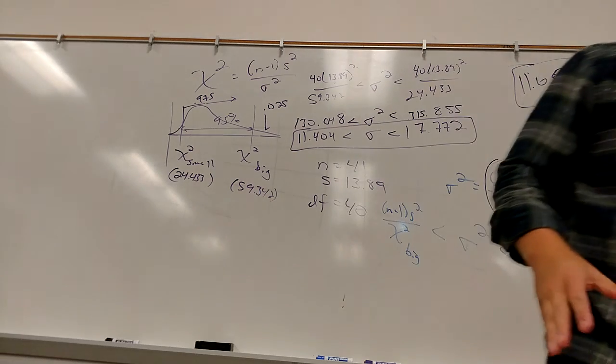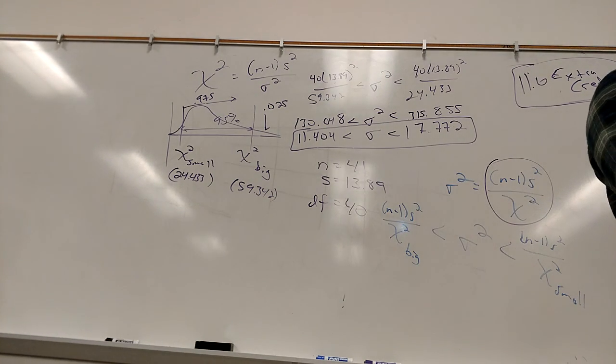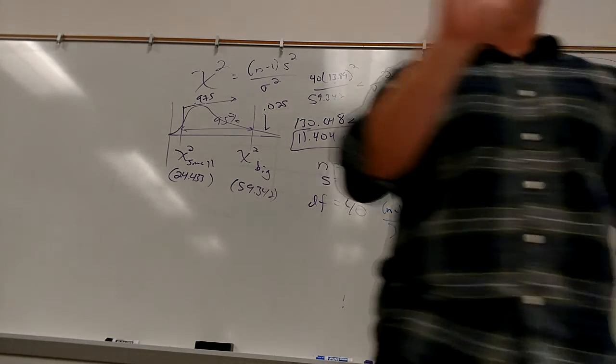Let me see. Everybody's got a practice final, right? Number 11 is the one where they use this chi-square stuff. And somebody, what does a z-score of like 3 tell you by itself?